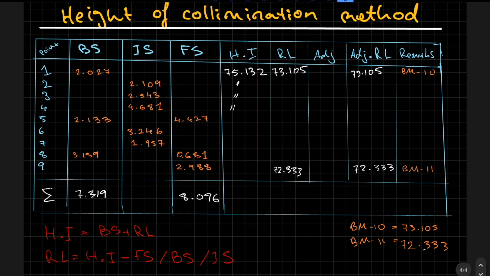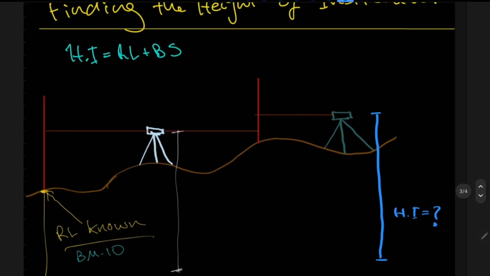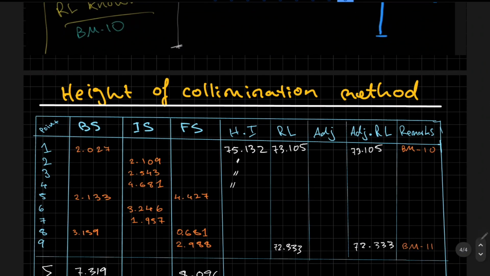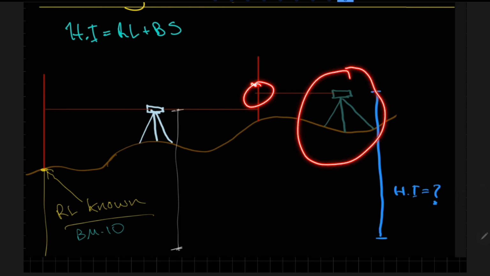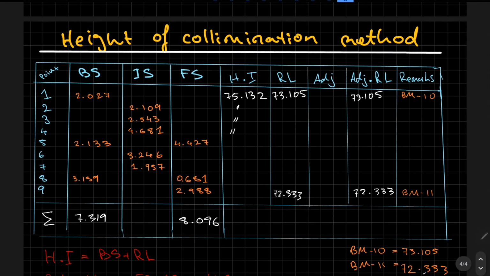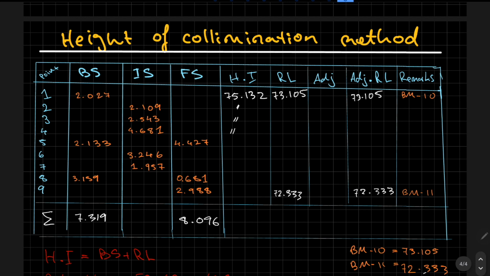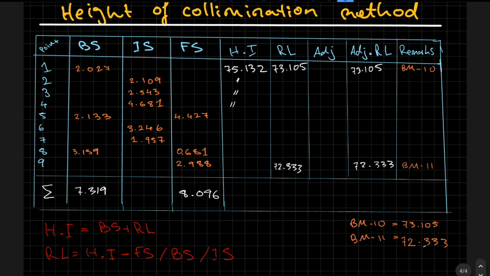Now we have the start of a different setup. See, we have a different backside. That means we need a different height of instrument. We'll just refer to the drawing here. This is the new backside, like here, 2.133. And for this backside, we are using a different station. So we need to work out the height of instrument.